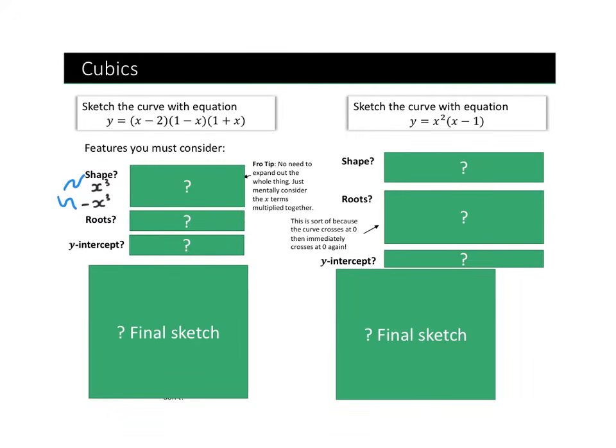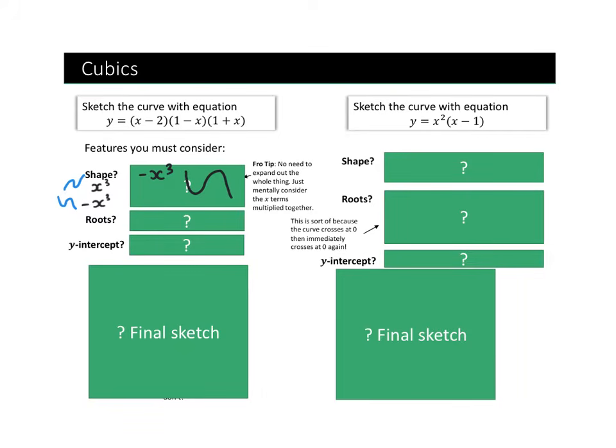So, step 1. Is it a positive or negative? That's what we look for. I have a positive x times a negative x times a positive x. What does that tell me? It is going to be negative. So I have a negative x cubed. It means my shape is going to look like this.